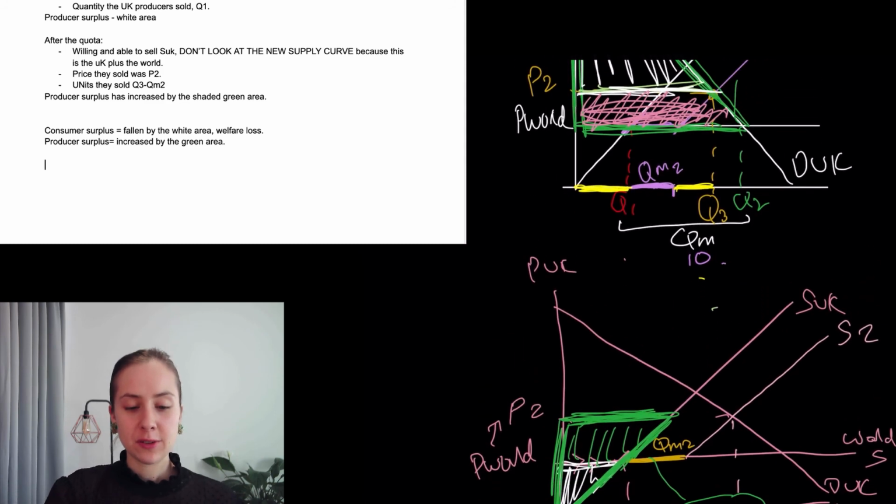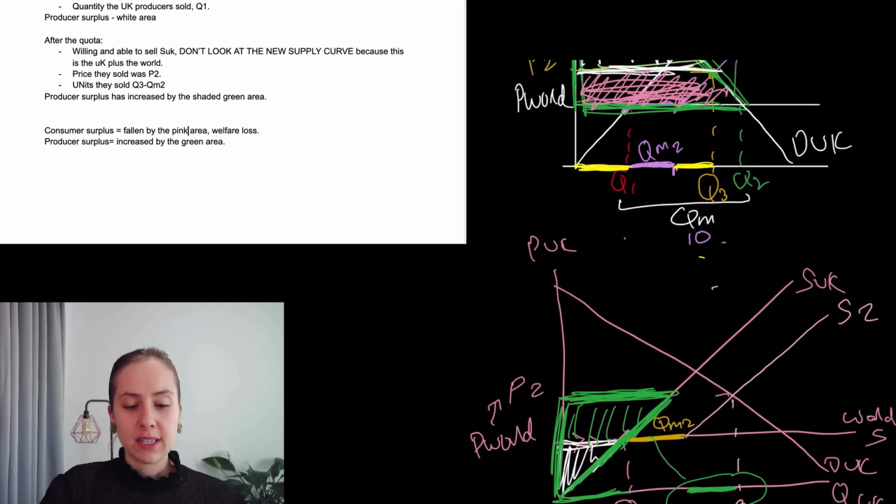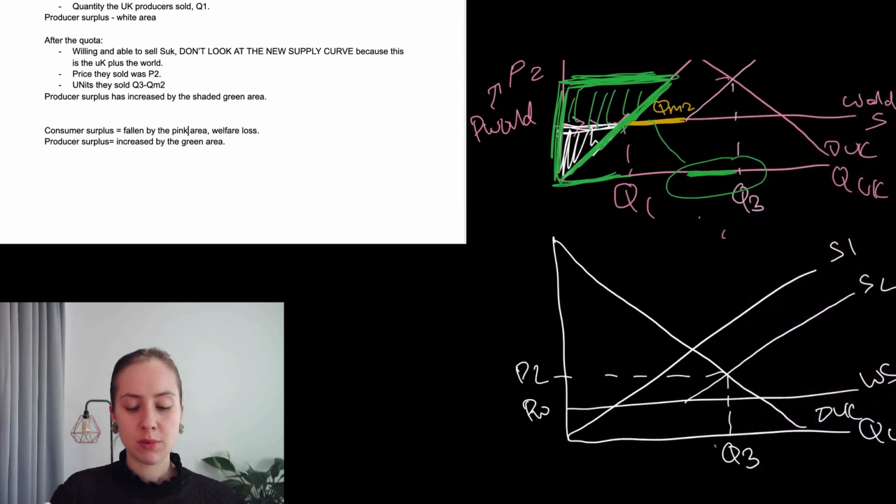And then if we take these two diagrams together, oh, that was pink. If we take these two diagrams together, we get that consumer surplus has fallen by all of this pink area. That was bad, so I'm going to put an unhappy face.